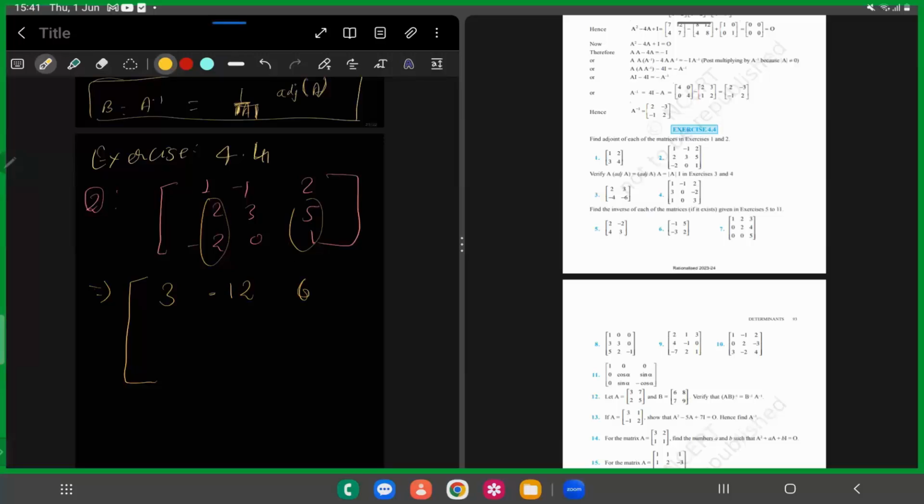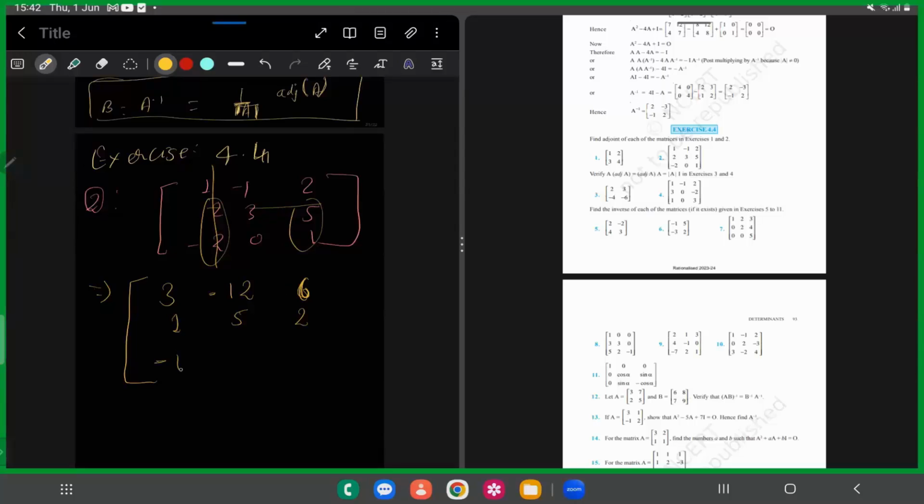Okay, so this will be 6, and for this term let's cancel these two rows, so this will be our minus 1 and another minus sign, so this will be plus 1, and this will be our 5, and this will be our 2, and for the last row this will be our minus 5 minus 6, minus 11.